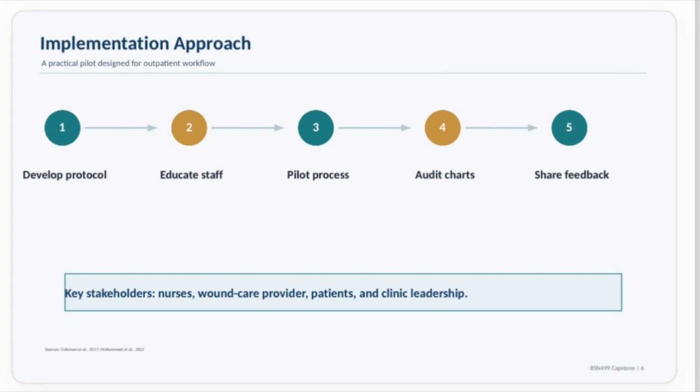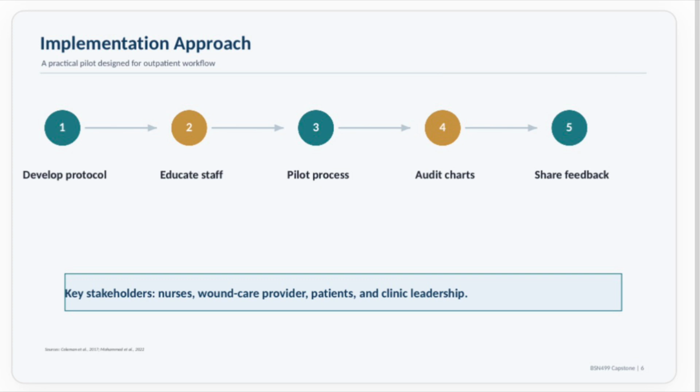Several stakeholders are necessary for the project to succeed. Registered nurses are the primary users of the protocol and should help review the workflow before launch. The wound care provider or medical director must confirm that the required assessment elements support clinical decision-making. Patients are external stakeholders because they participate in repeated assessments, photographs, education, and follow-up.